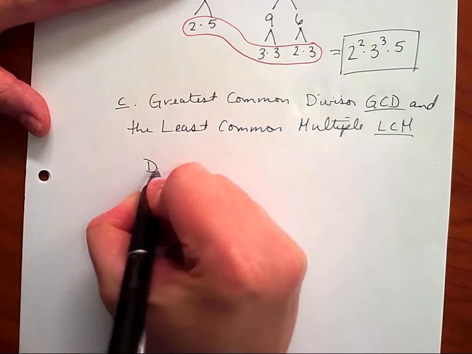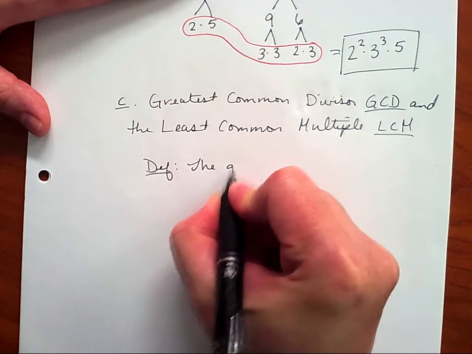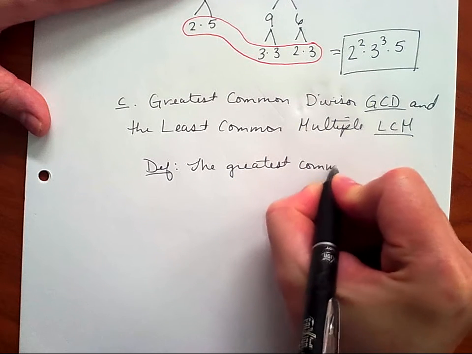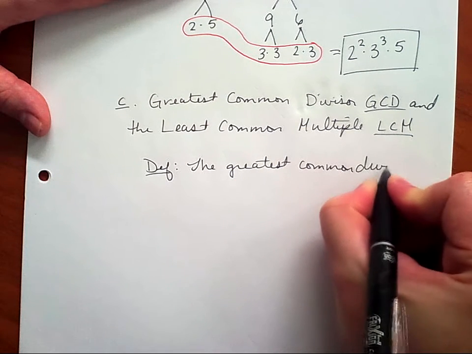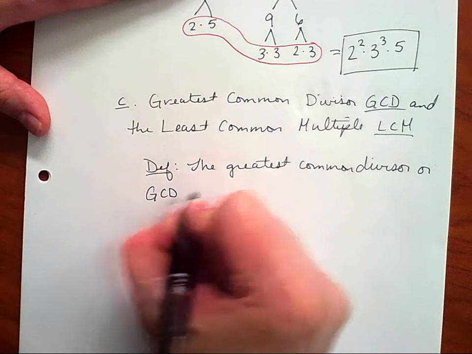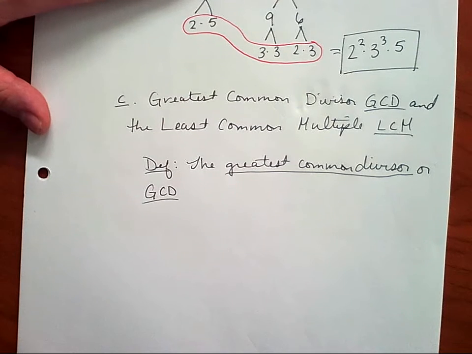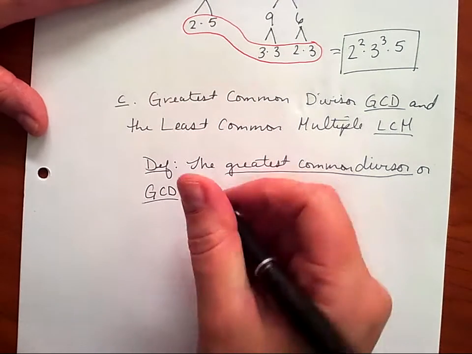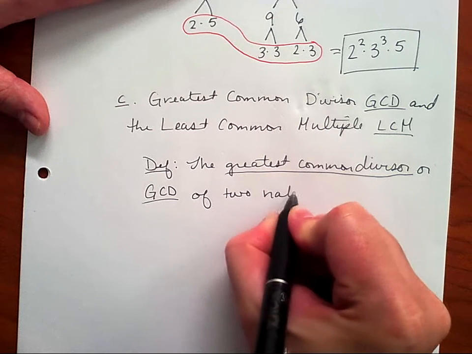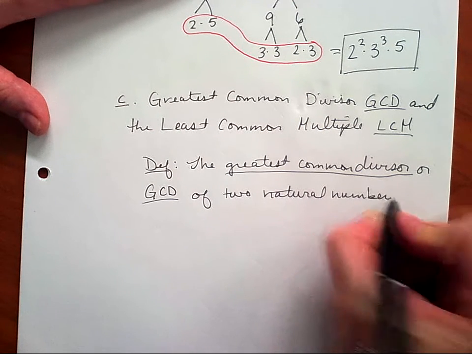So let's do a definition. The greatest common divisor, or GCD. I usually underline what we're defining, right? The GCD of two natural numbers. What's a natural number again?